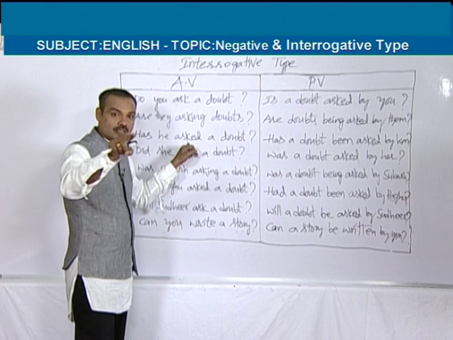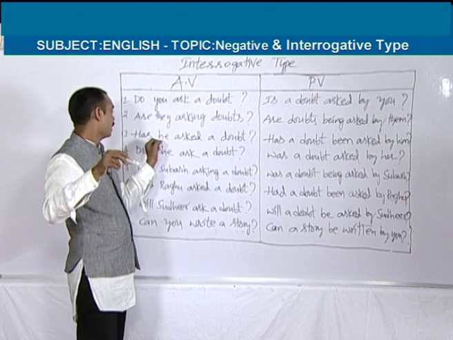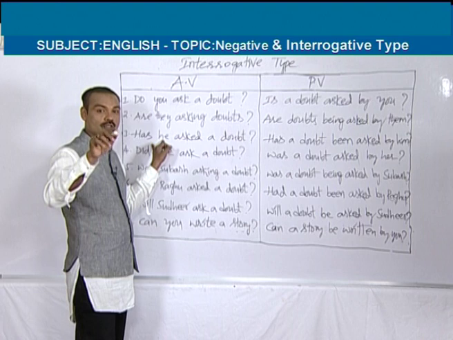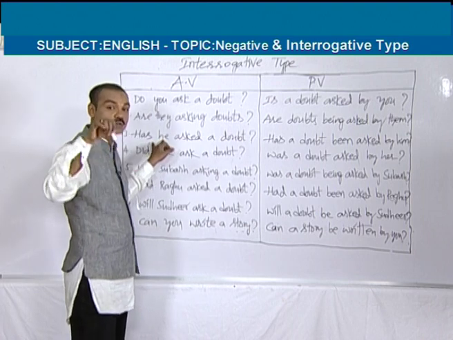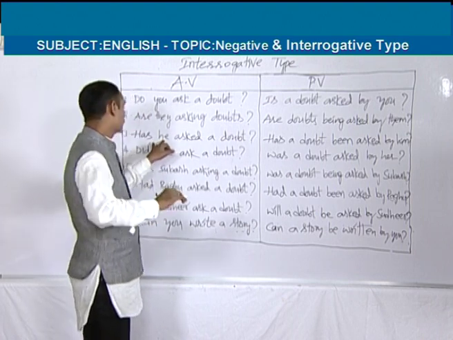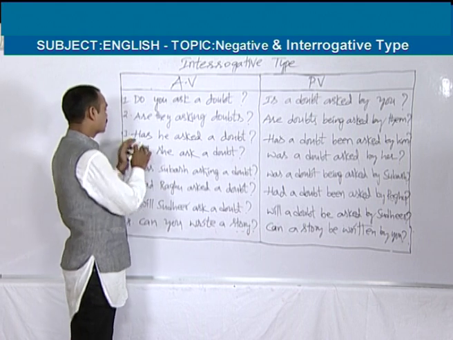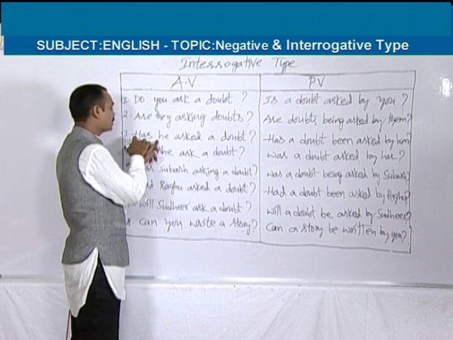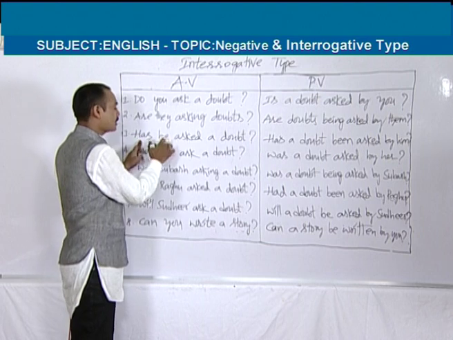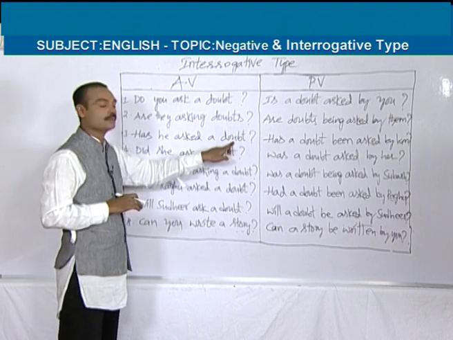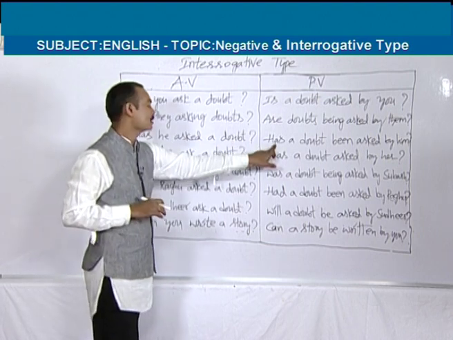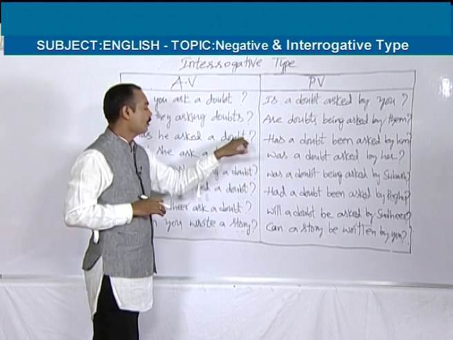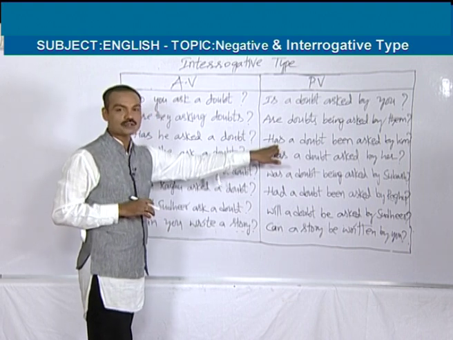Has a student asked? For example, students plural: have students asked? So friends, for a singular subject, has should be used. For plural subjects, have should be used. Has he asked a doubt? Here the object is singular. So for singular objects has, for plural objects have should be used.